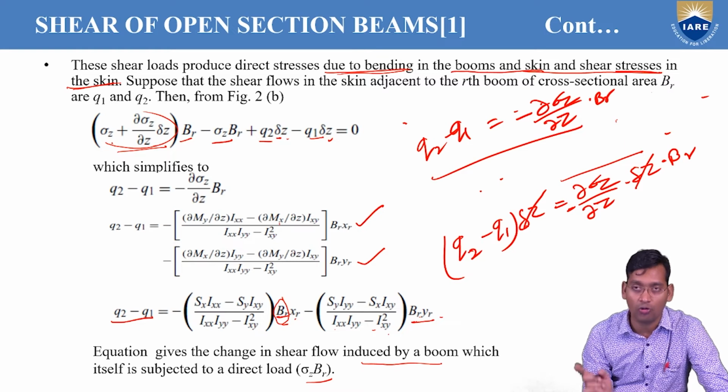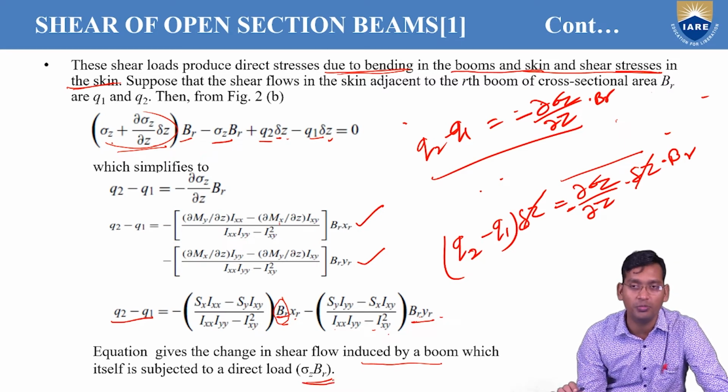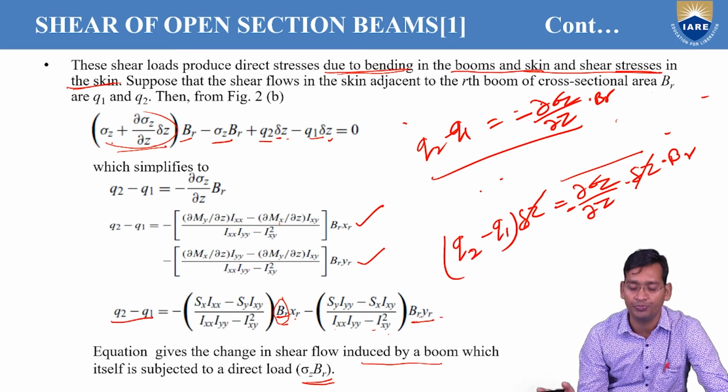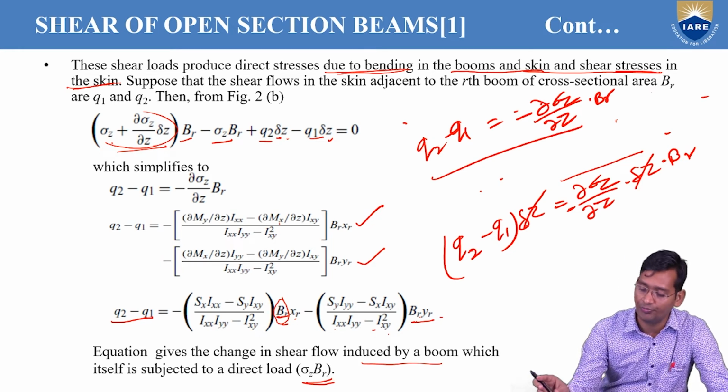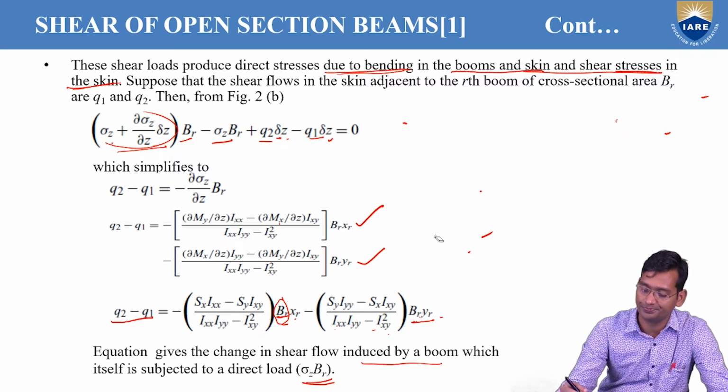And the direct load on that one will be sigma z into B1; for B2, sigma z into B2; for B3, sigma z into B3, like that.